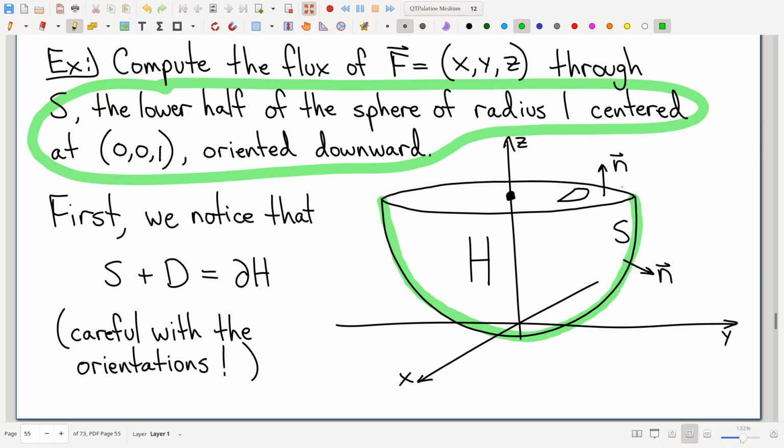It makes a huge difference that the surface we're interested in is just the portion of the sphere. It does not include this disk at the top. This is not a closed surface. This is a wide open surface, like an open bowl of cereal. There is no saran wrap across the top. Is that cool? Everybody with me?